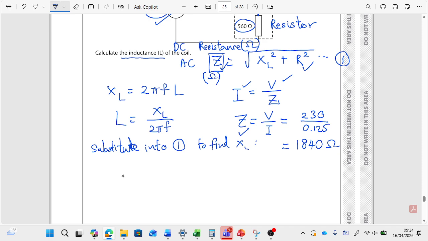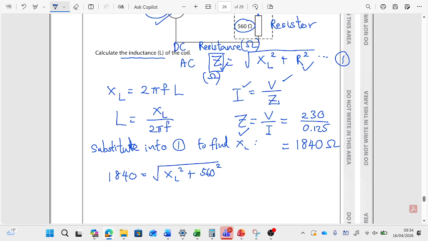So Z is 1840, equal to the square root of XL squared plus R squared, which is 560 squared.